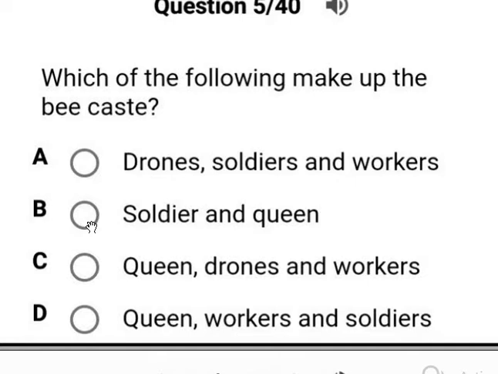So the best option here is C, which is queen, drones, and workers. In a colony, bees consist of 3 castes, which are queen for reproductive females, workers for sterile females, and drones for males. So the best option is C, which is queen, drones, and workers. Okay, moving to the next question, that's question 6.